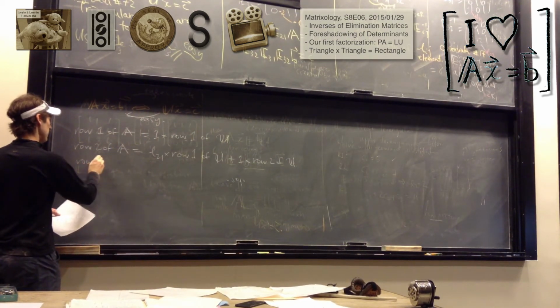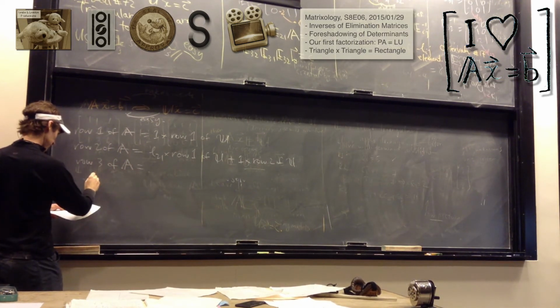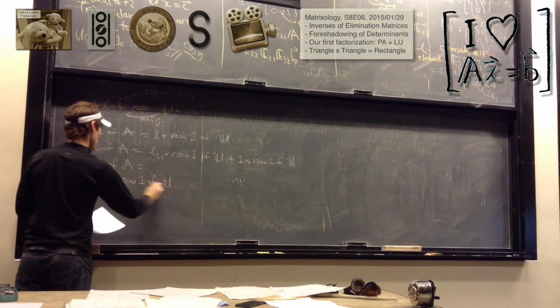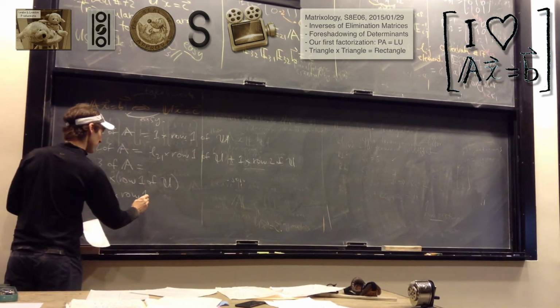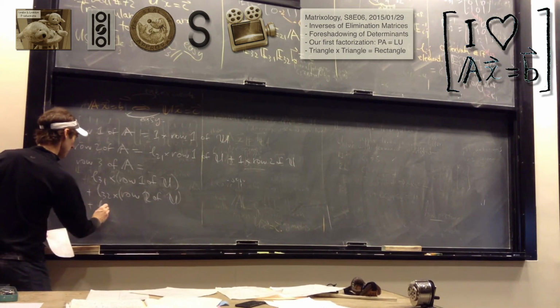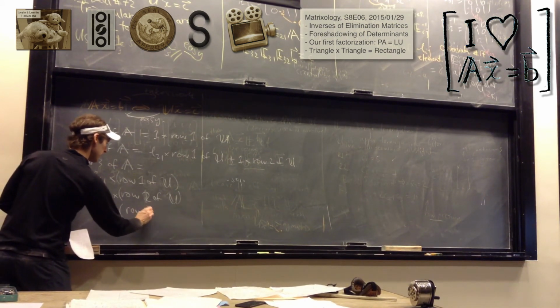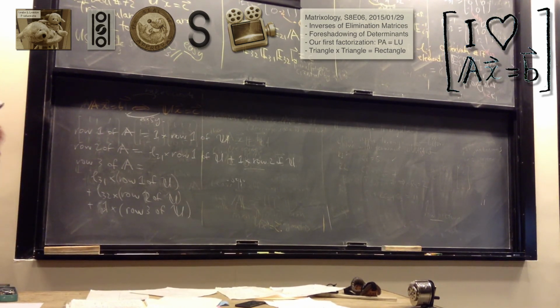And this is just for a 3 by 3, or a system of 3 equations. Row 3 of A is equal to L31 times row 1 of U plus L32 times row 2 of U, and plus 1 times row 3 of U. So the rows of A are built simply out of the rows of U, and it's not true the other way around.